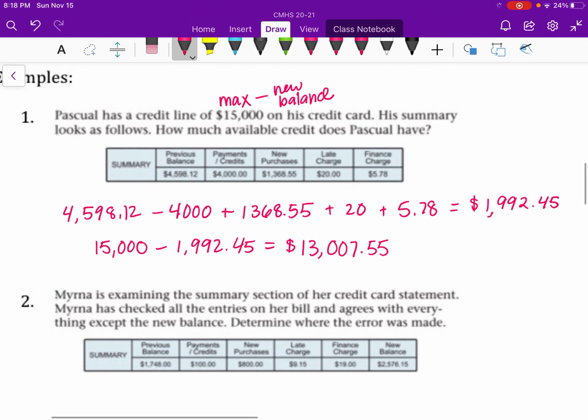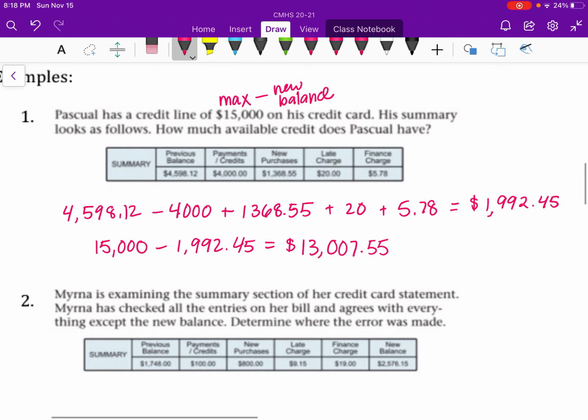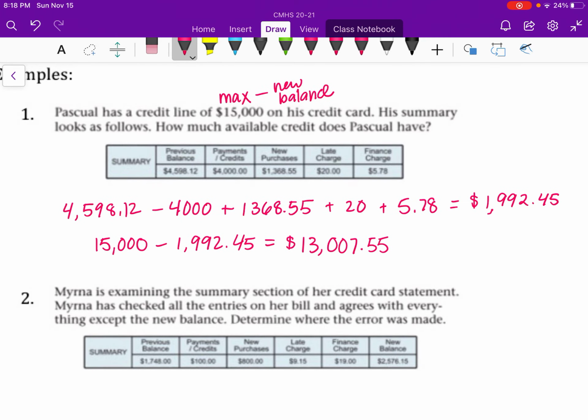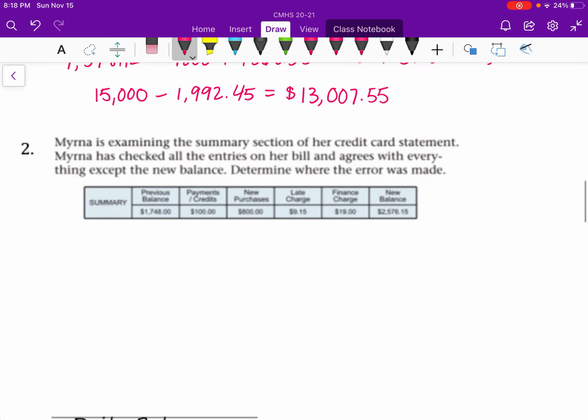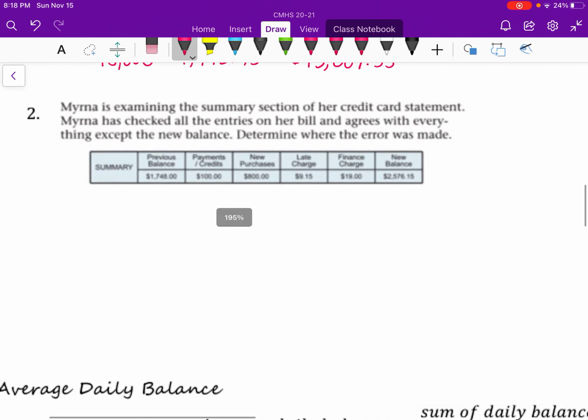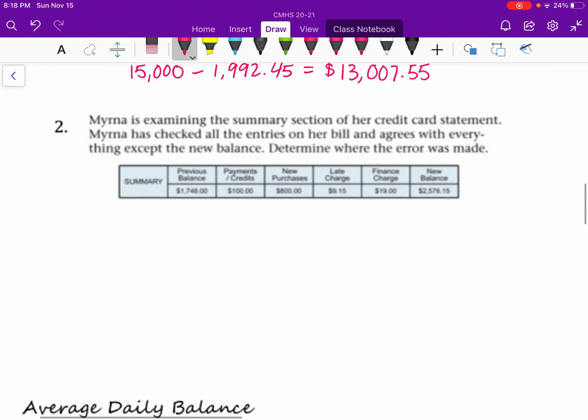So you had $15,000, you spent $1,099, and you have $13,000 left to spend. That's how I think of it, as basically an allowance. You have an allowance of $15,000, this is how much you spent, this is how much you have left to spend.